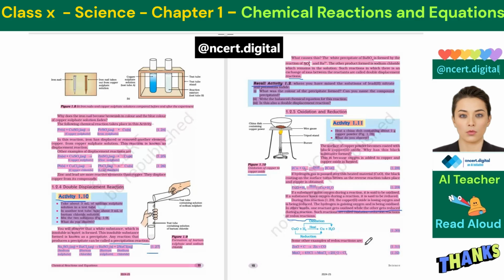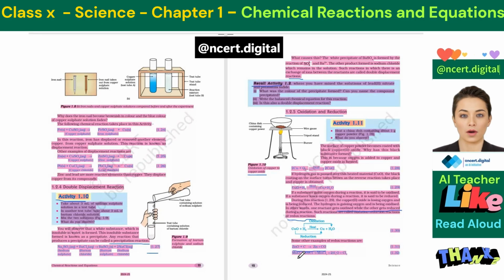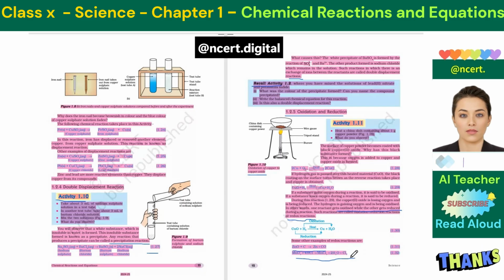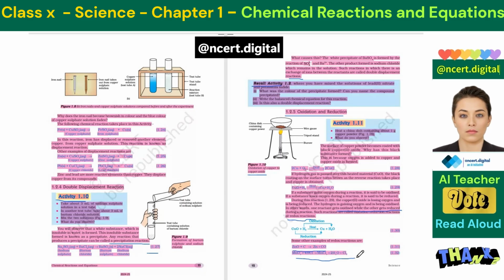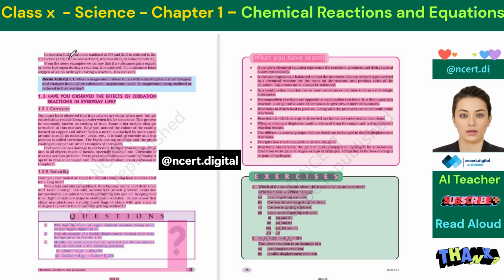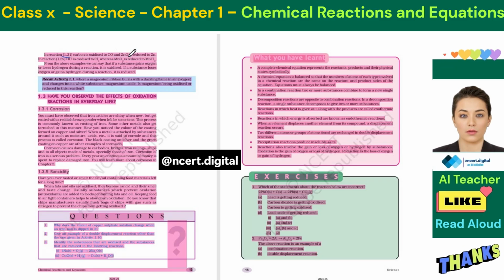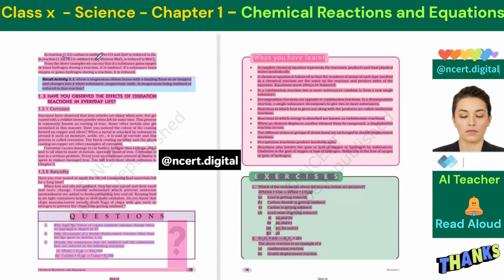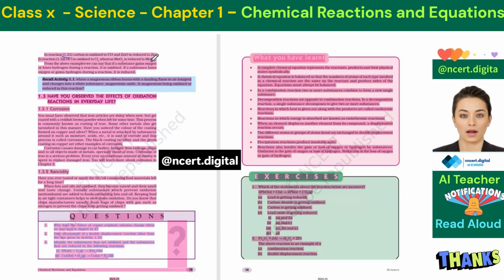Some other examples of redox reactions are ZnO + C → Zn + CO (1.30), and MnO2 + 4HCl → MnCl2 + 2H2O + Cl2 (1.31). In reaction 1.31, carbon is oxidized to CO and ZnO is reduced to Zn. In reaction 1.32, HCl is oxidized to Cl2 whereas MnO2 is reduced to MnCl2.